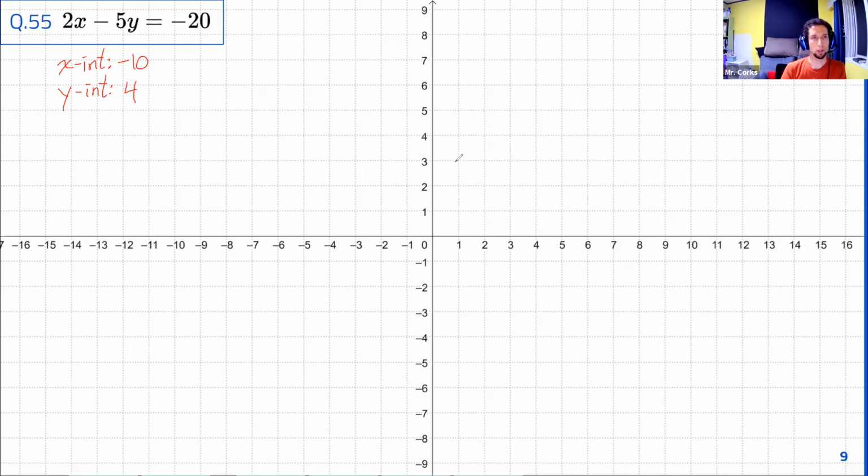Looks like everyone in the chat has that as well. So we have agreement here. Our x-intercept is -10, and the y-intercept is here, +4. And we just draw the line through the two points. That's it.